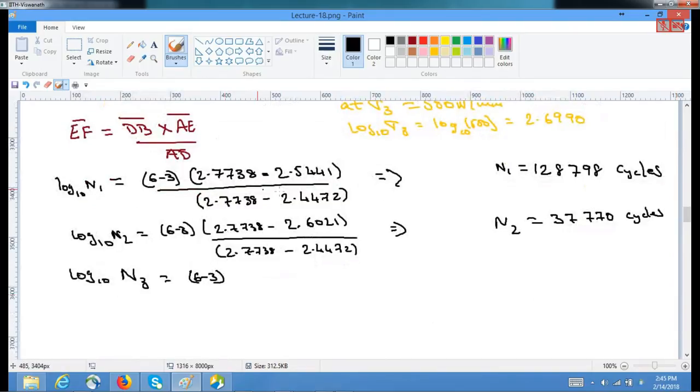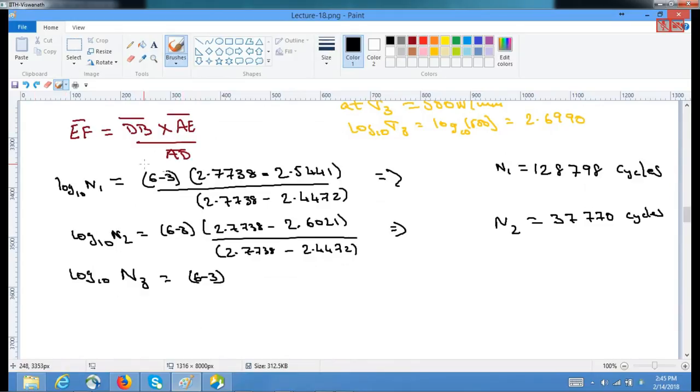And log 10 N3 is, actually this is 3 plus log 10 N1. It's okay. So anyway, we are finding out N1; this only gives us EF.